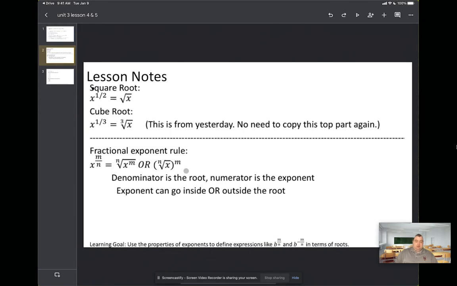So that exponent could go on the inside or outside the root. I have an example here of how that formula works. Again, the denominator tells me the type of root. The numerator tells me the exponent, and that exponent can go inside or outside the root.